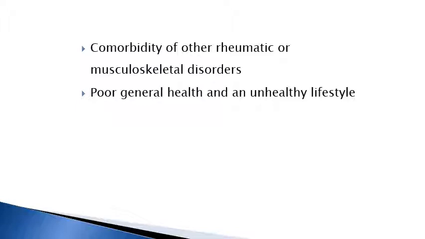Comorbidity to other, that is rheumatic or musculoskeletal disorders, means here that the joint disorder can be associated with rheumatic disease, rheumatoid arthritis or something like that, or some musculoskeletal disorder. You don't have the problem in the joint per se, but muscles of mastication are having some disorder, because of which the temporomandibular joint is also suffering.